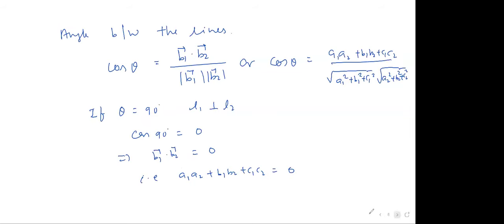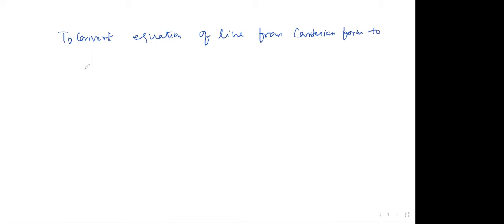Now, to convert the equation of a line from Cartesian form to vector form and vice versa.